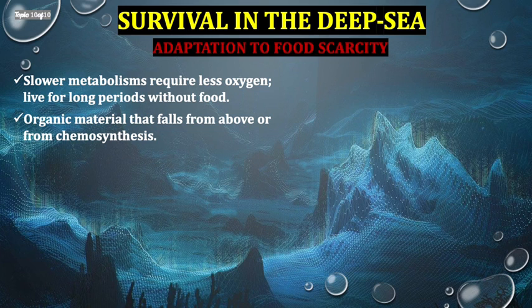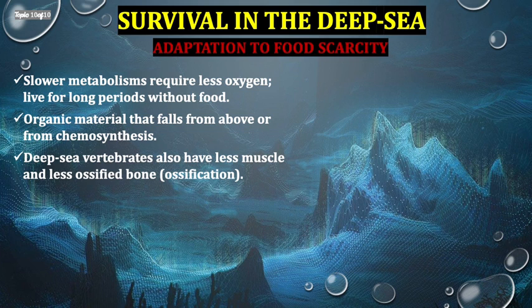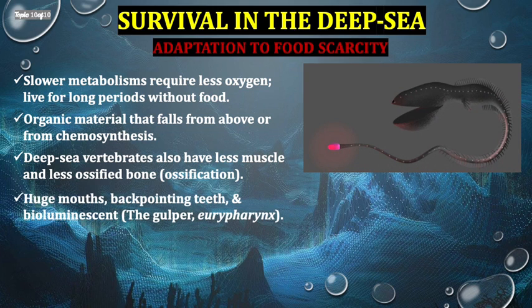So, for example, dead bodies of large creatures like whales and sharks, and of course from chemosynthetic activities by the bacteria. The ossification adaptation is common for deep sea vertebrates because they have less muscle and less ossified bones.